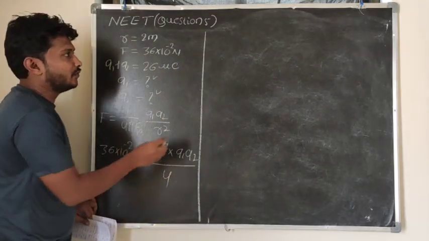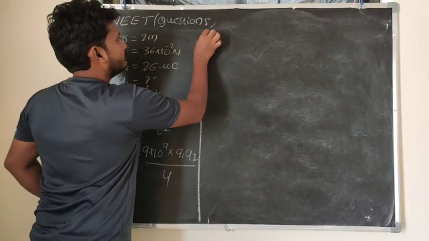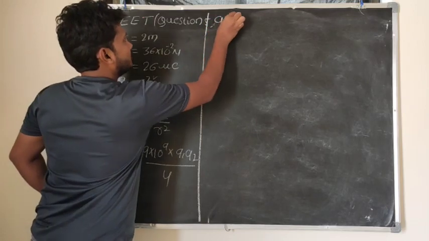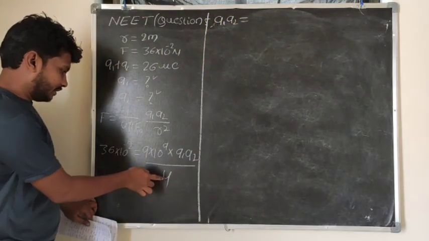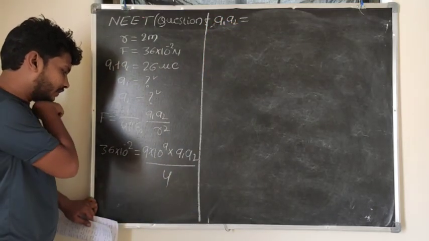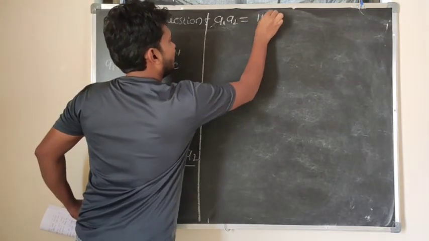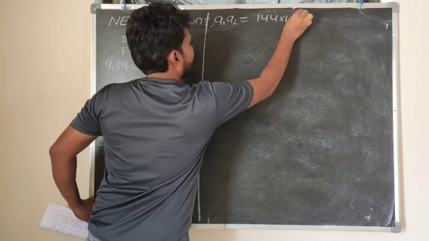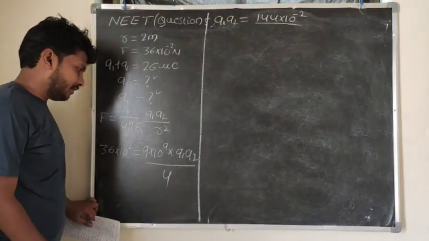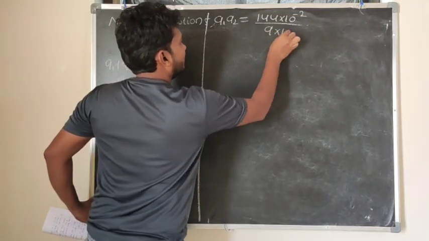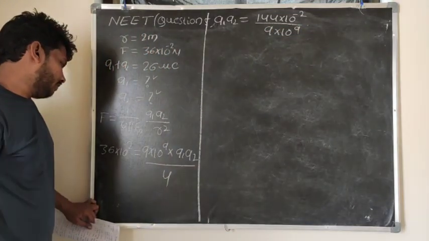So I will simplify here. First I will get the Q1 into Q2 value. Q1 into Q2 is equal to 36 into 4, that is 144, so 144 into 10 to the power of minus 2 divided by 9 into 10 to the power of 9.